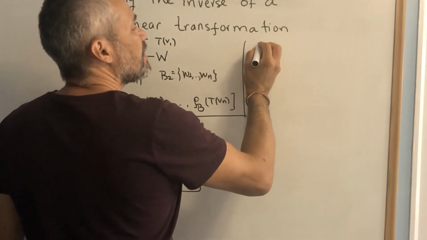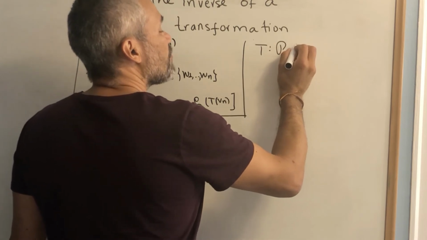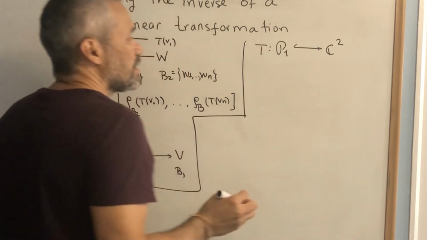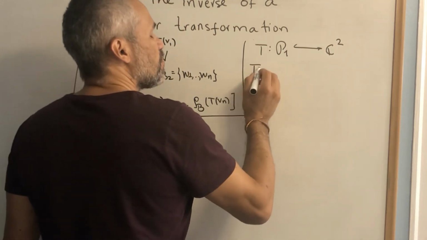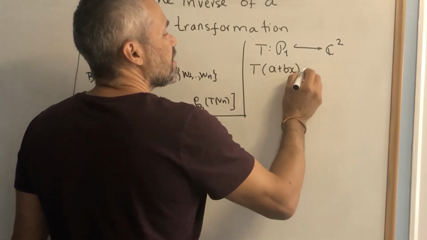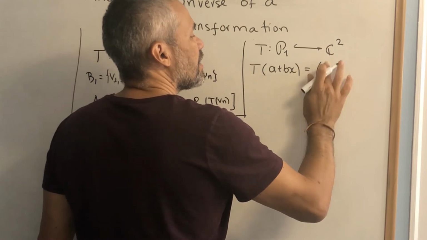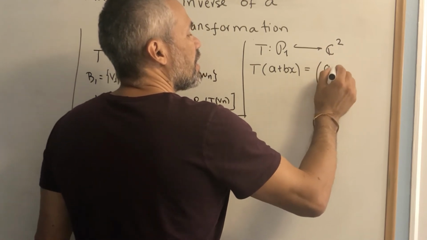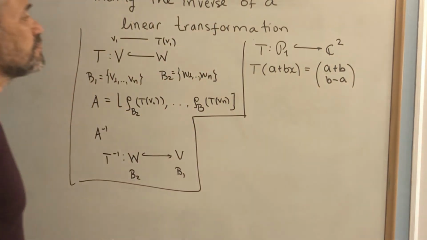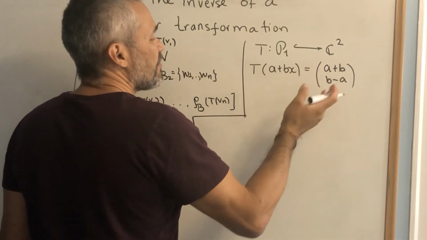Let's consider the transformation T from P1, polynomials of degree 1 or less, into C2. And let's suppose that this transformation takes A plus Bx into the complex number A plus B, B minus A. Then to compute the inverse, we can check that this is injective and surjective.